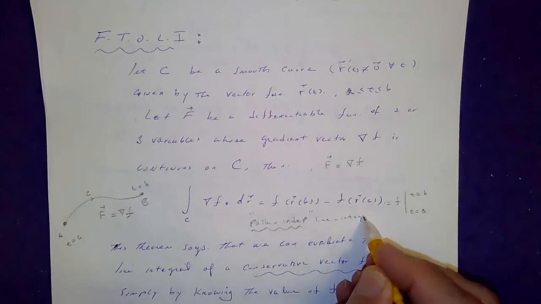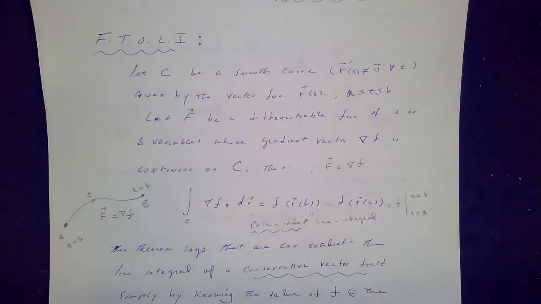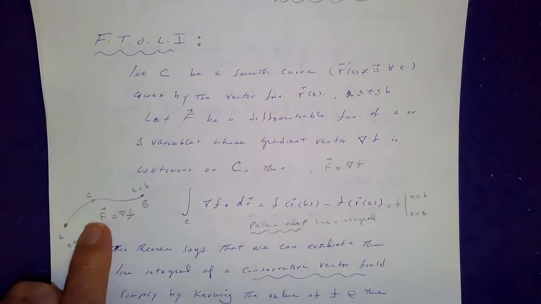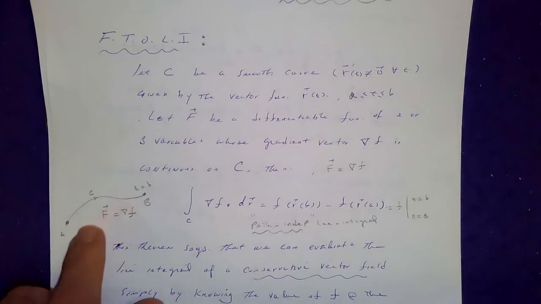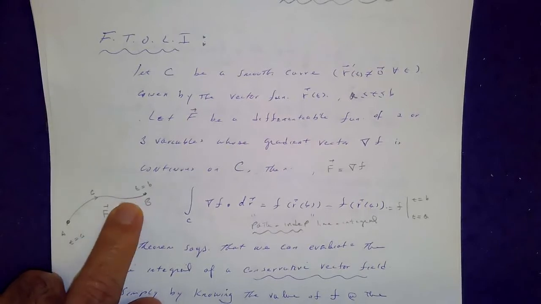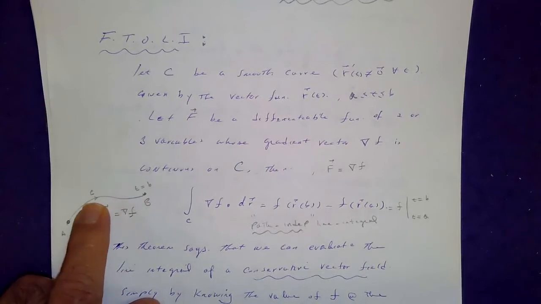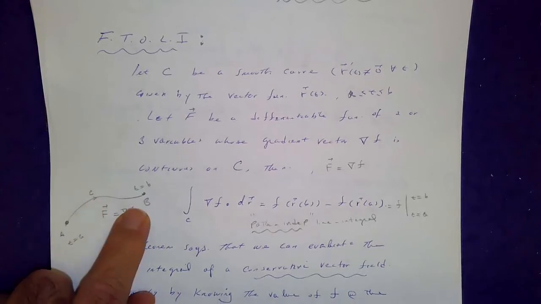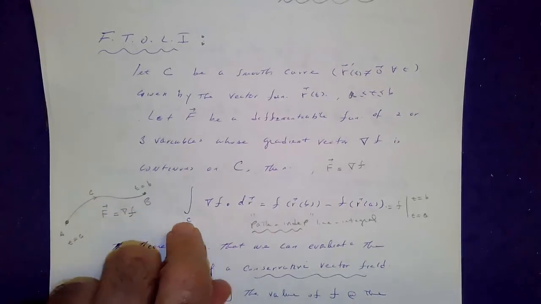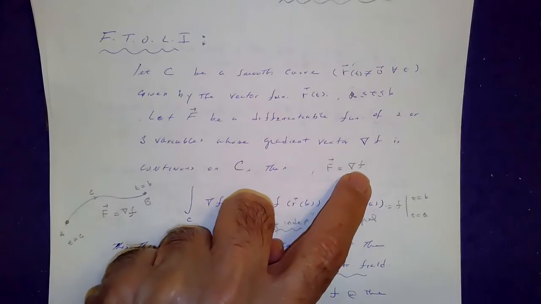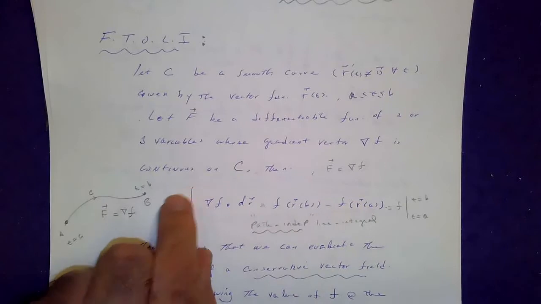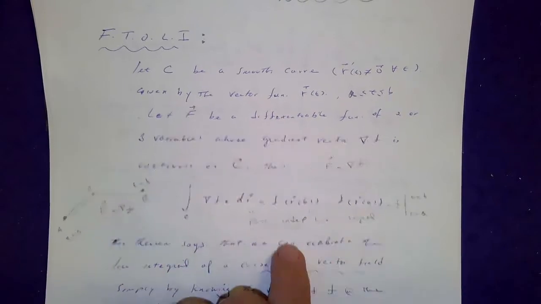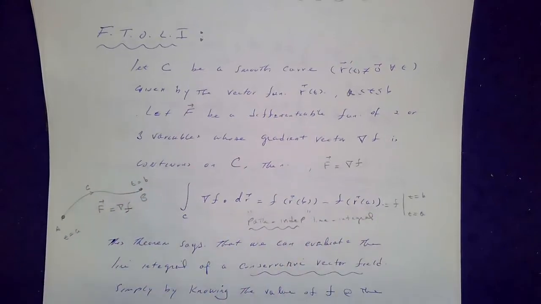We no longer care on which path the object traveled to get from A to B. All we care about is finding that scalar function, the potential function, and evaluating it at the endpoints, and lo and behold, we have the answer for the line integral.